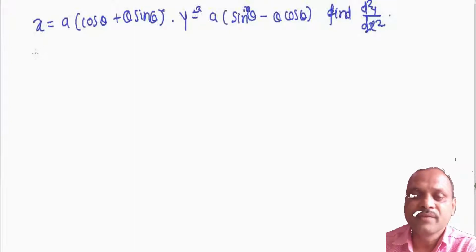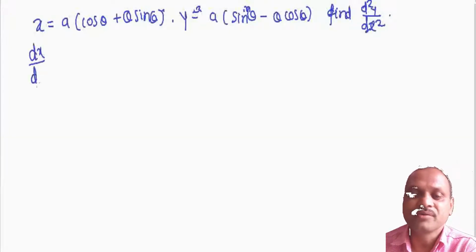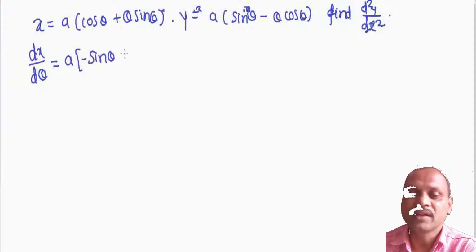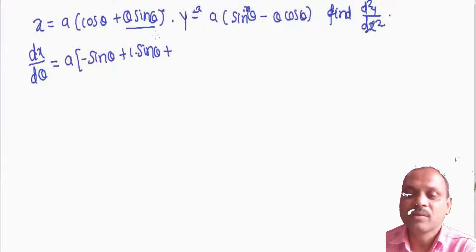Hence first we differentiate x with respect to theta. So dx by d theta equal to a into the derivative of cos theta, which is minus sin theta, plus here we need to apply the product rule. The derivative of the first function theta is 1 into sin theta plus theta as it is into the derivative of sin theta, which is cos theta.